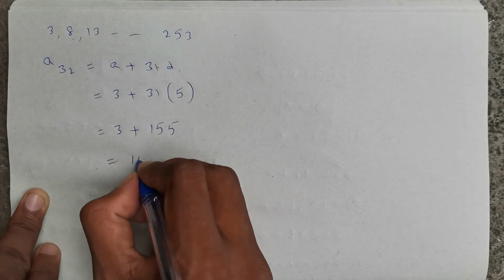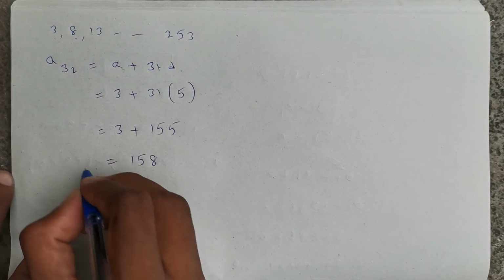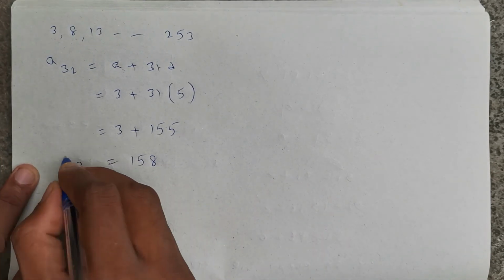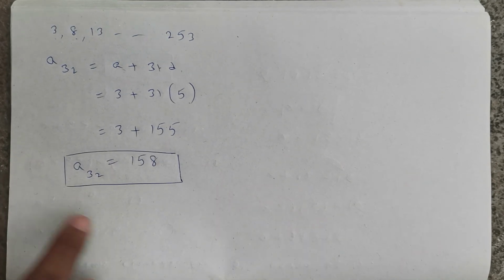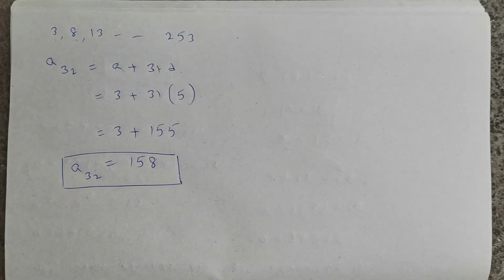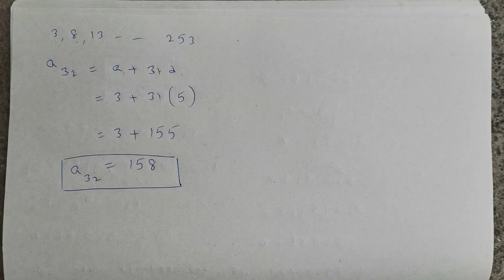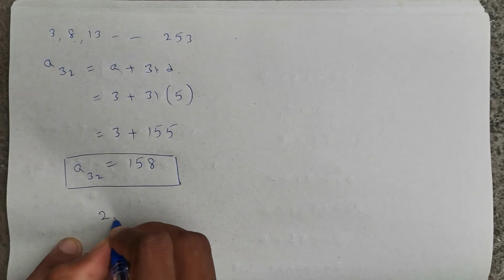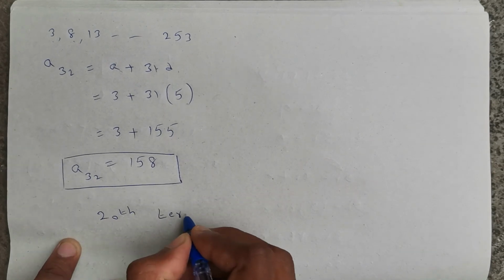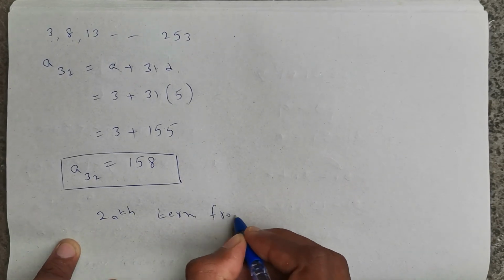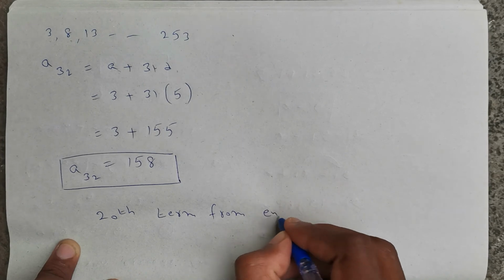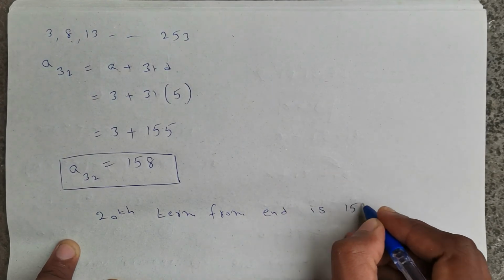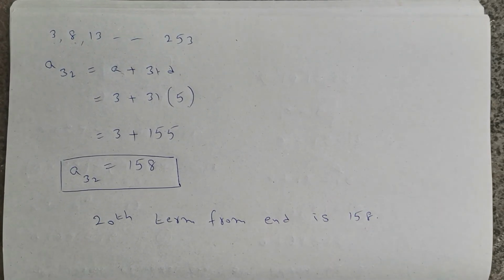So 3 plus 155 is 158. The 32nd term is 158. Otherwise, the 20th term from the end is 158.